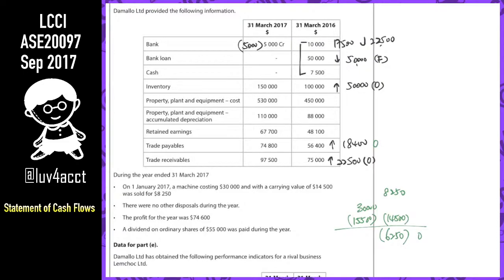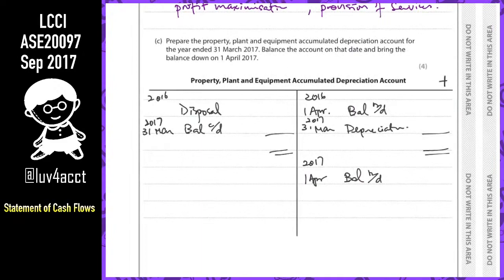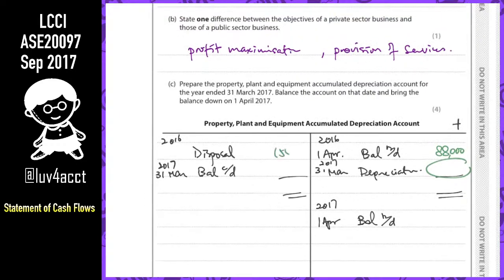Then we can calculate the depreciation charge for the year. This one has to be calculated. Opening balance 88. And then 15500. And then closing balance 110. 15500.